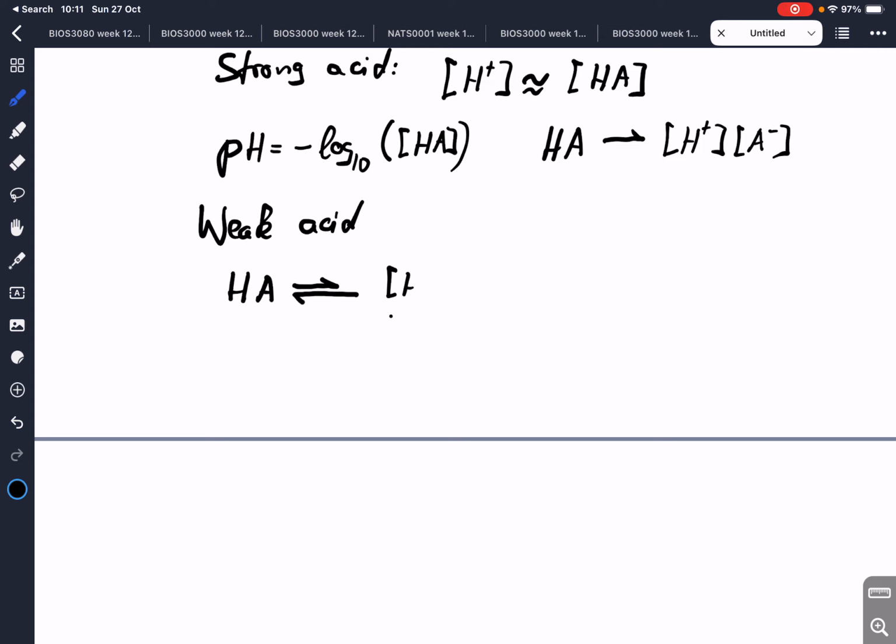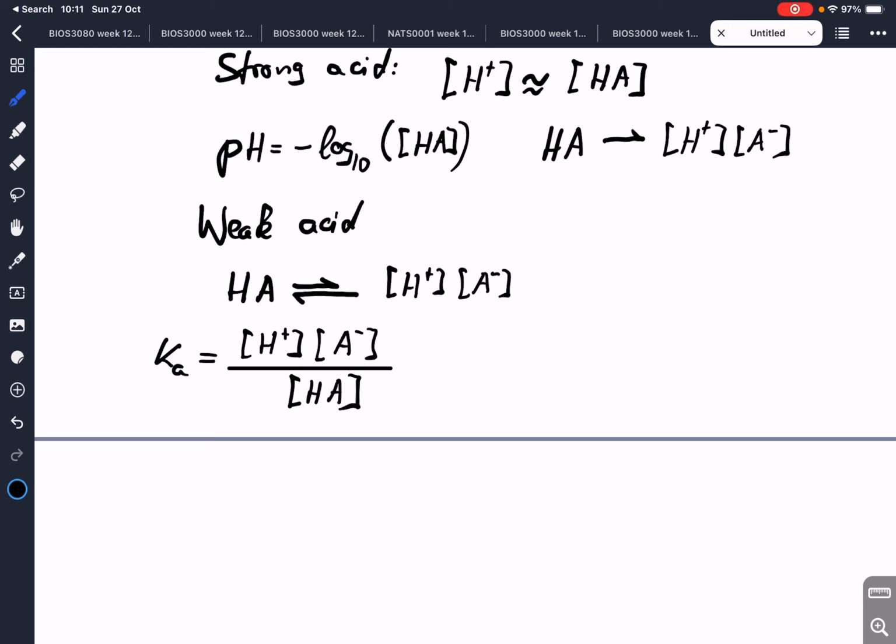So we could write the dissociation equation, Ka equals the proton concentration times the A minus divided by the concentration of the acid.